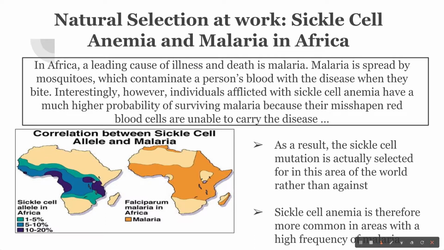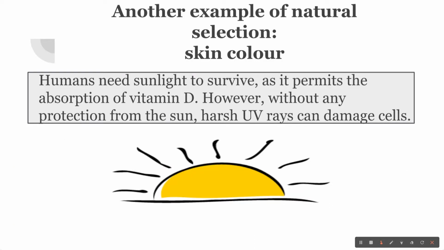Another example would be skin color. Humans need sunlight to survive, as it permits absorption of vitamin D. However, without any protection from the sun, harsh UV rays could damage our cells. This is why people get burnt. I'm very pasty, I'll admit that.